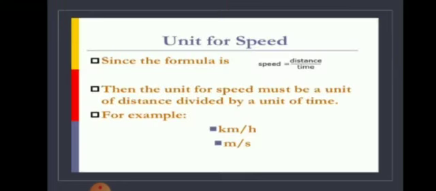Here are the units of speed. The formula is speed is equal to distance by time, a simple formula, and the unit of speed must be a unit of distance divided by a unit of time. So we measure this in kilometers per hour or meters per second.